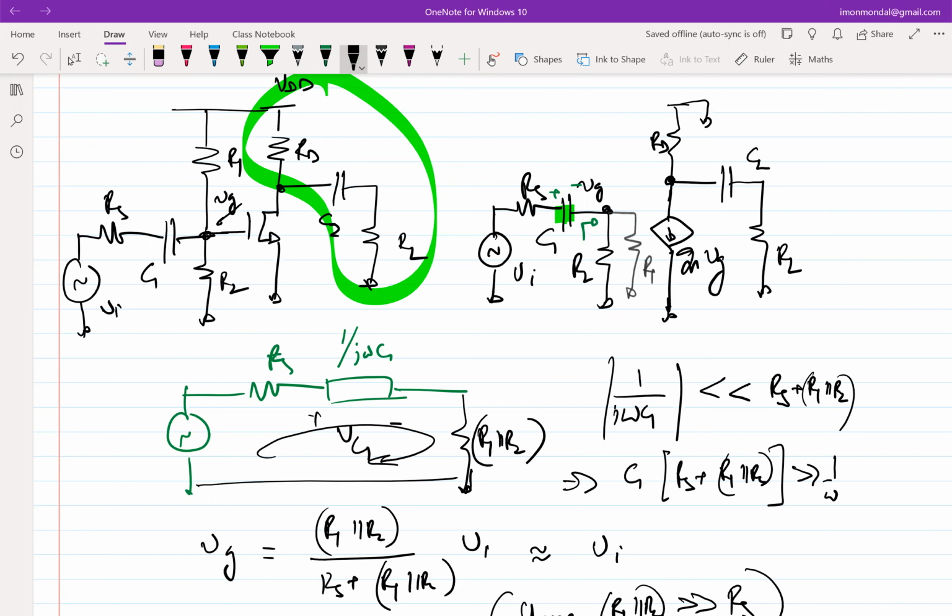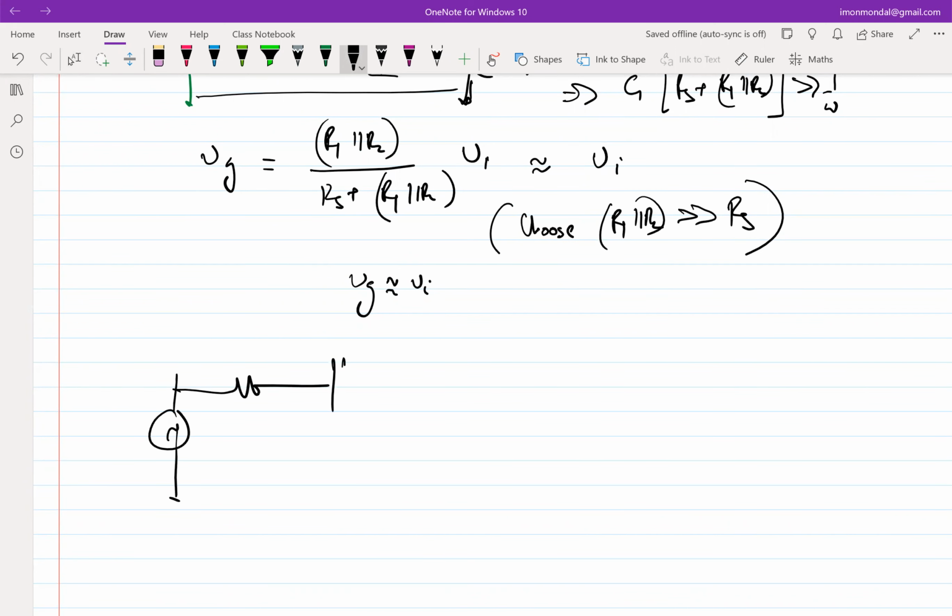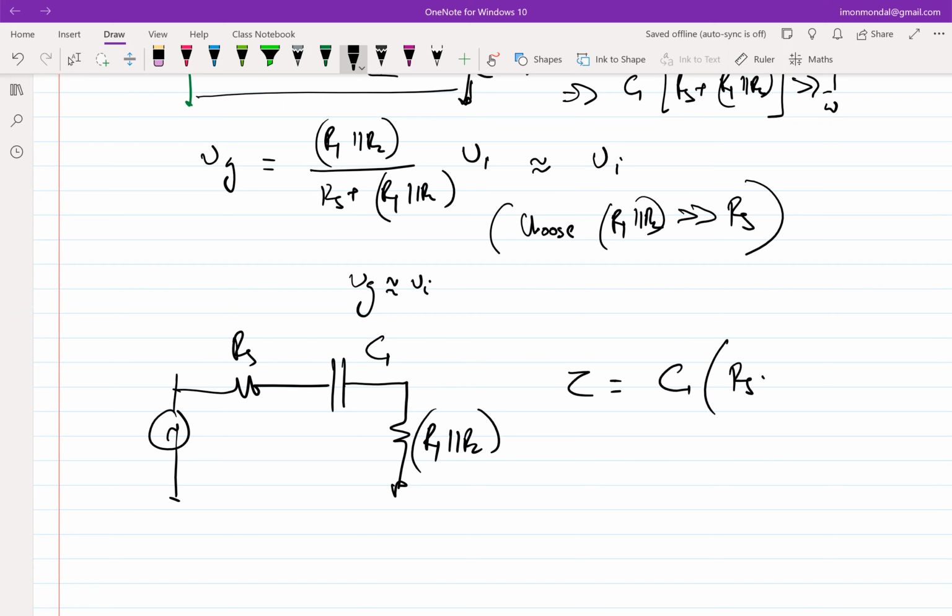So what is the time constant of this network? If I tell you RS, what is the time constant of this network? C1 times RS plus R1 parallel R2.